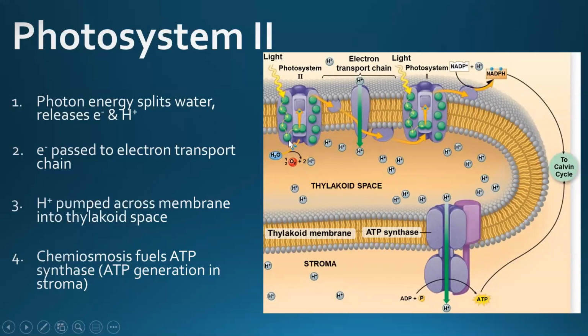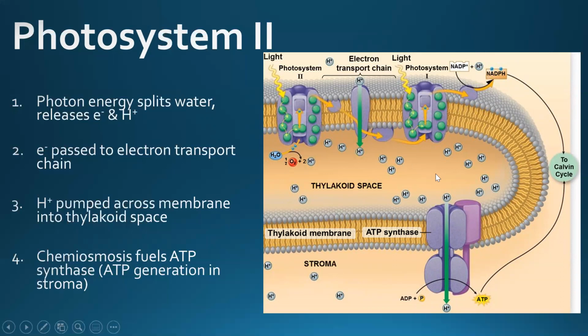The electron is passed to the electron transport chain, and then the hydrogens are going to be pumped across the membrane into the thylakoid space. So here are the hydrogen ions right here.